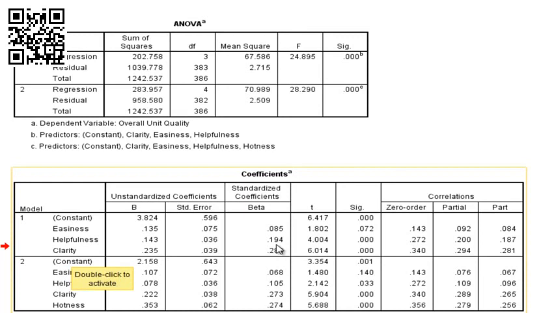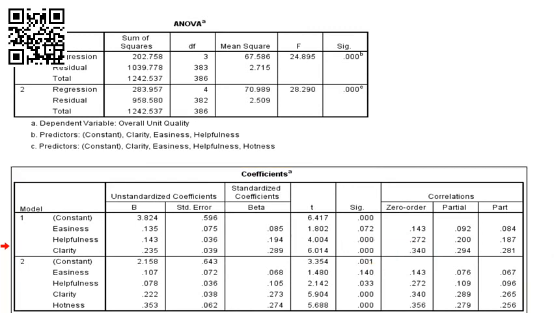We should know that without the output because we added them, and we can see that nearly all 3 are statistically significant. Helpfulness and clarity were associated with statistically significant beta weights, and I'm looking at the standardized ones, but you can look at the unstandardized if you wanted to. But easiness was not a unique predictor of overall unit quality.